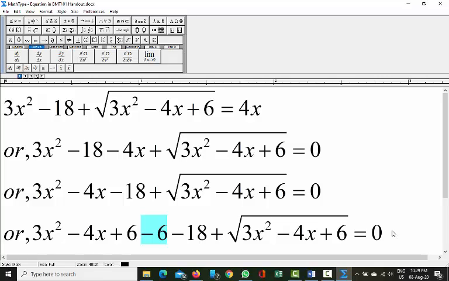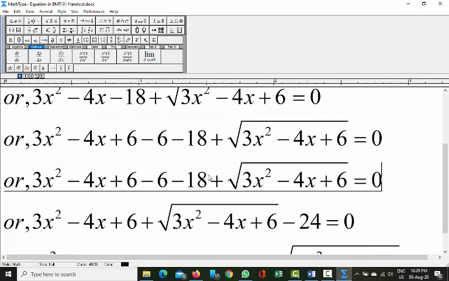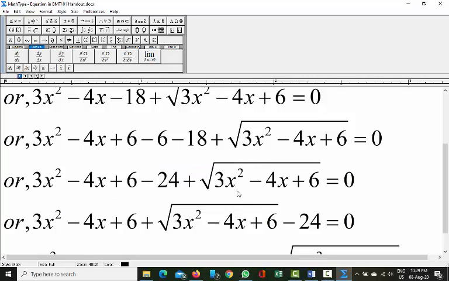So let me write another step there so that you shouldn't get confused. Here minus 6 minus 18, we can write it like minus 24, right.